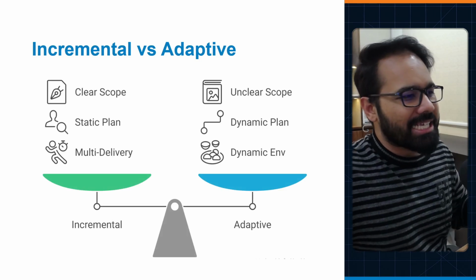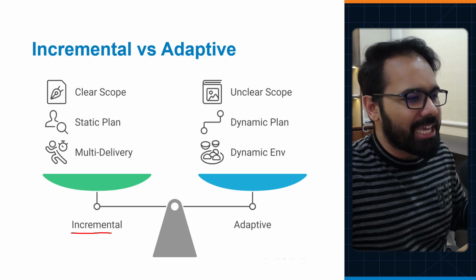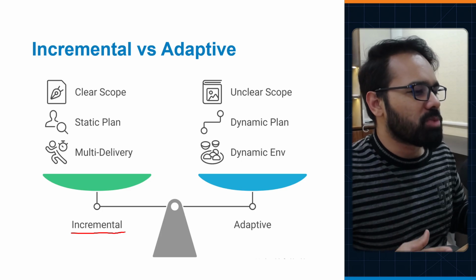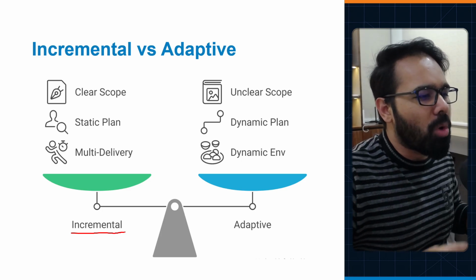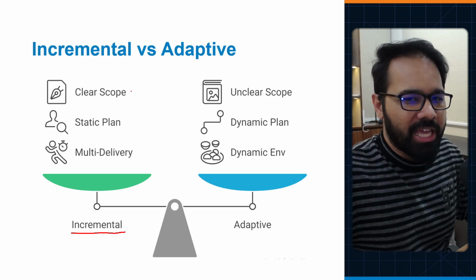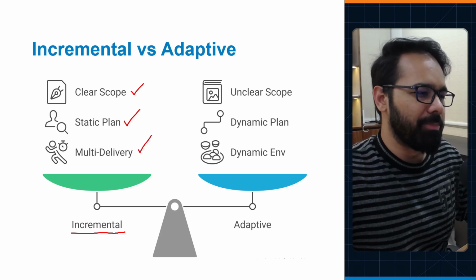So here is a snapshot of what we have discussed, right? Incremental, like in our baker example, they know the scope. They are just breaking the delivery into smaller chunks for speed and efficiency. So they have a clear scope, a static plan, and they are doing multiple deliveries.